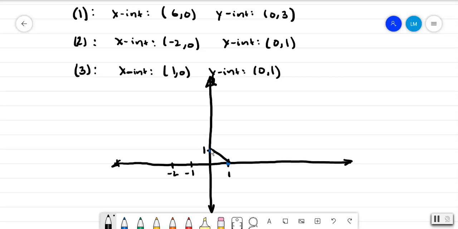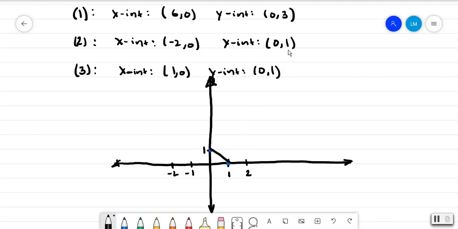But it doesn't matter that it passes through here, because it's not within the feasible region. So all that we have to do is draw an imaginary line. But if you want to, you can also plot another point so that you know where it passes through. Okay, so this is the second one.